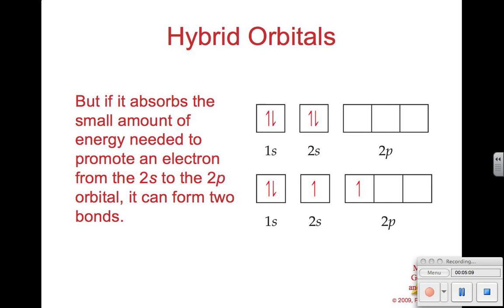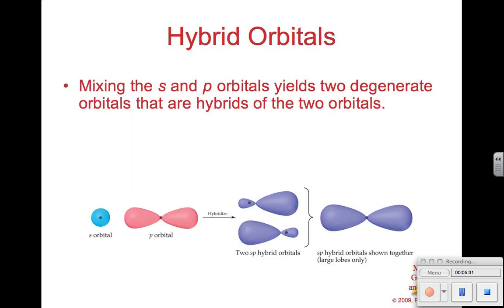But if it absorbs a small amount of energy, that electron in the 2s gets bumped into the 2p orbital, and therefore you have two electrons that are single, and therefore would be looking to pair up with two other atoms to share electrons and to fill those two shells.